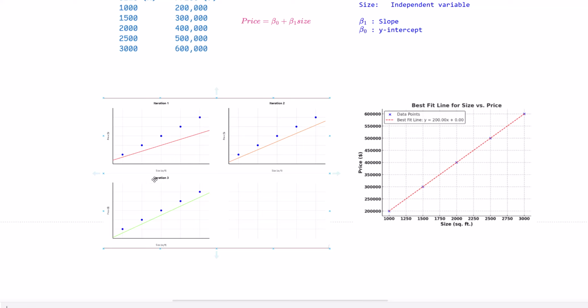Also after the third iteration, this, for instance, is much closer to the points. It tries to draw the best line, the best linear regression, which should move through these points. And as you can see here, after some iterations, beta 0 is 0 and beta 1 is 200.